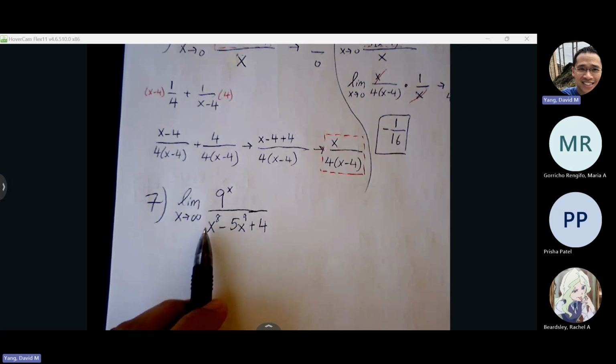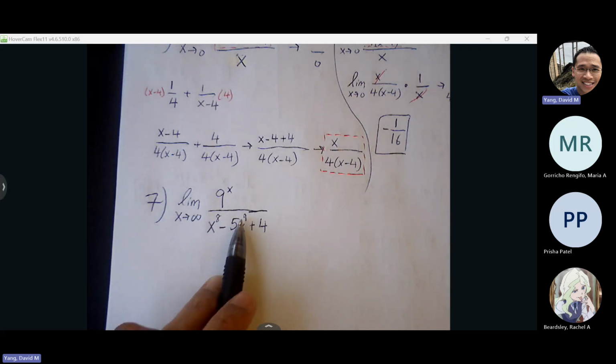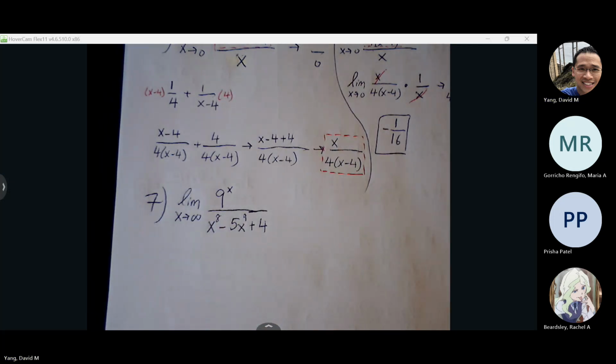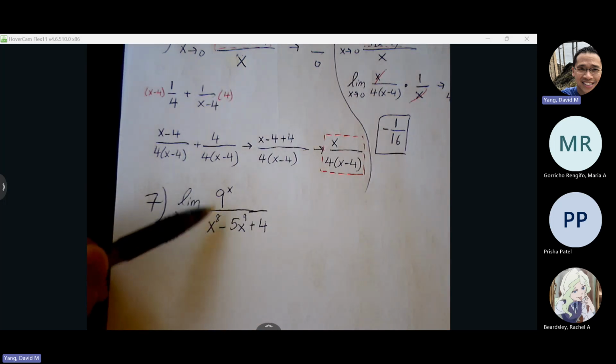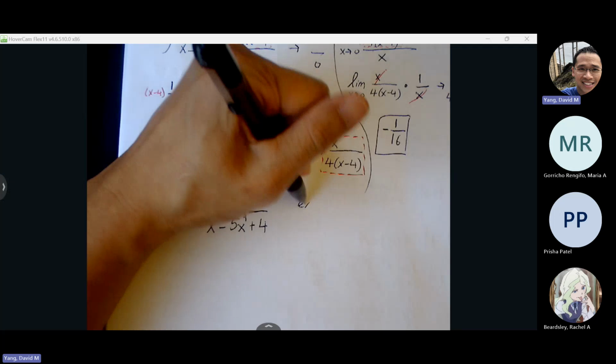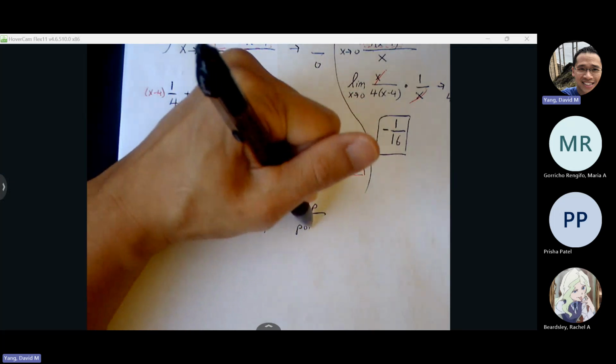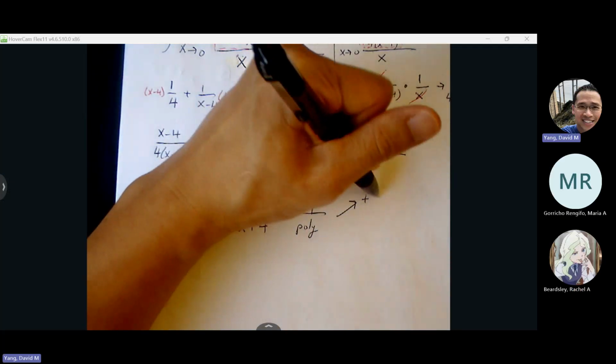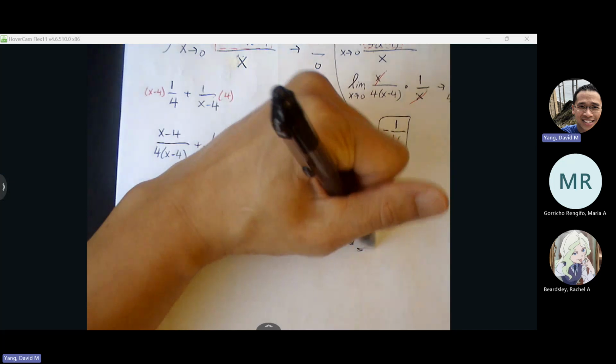Nine to the x divided by x to the 8th minus 5x to the 9th plus 4. Well, this is comparative growth rates, right? Which side is growing faster? You got exponential divided by polynomial, which means that it's either doing this or it's doing this.